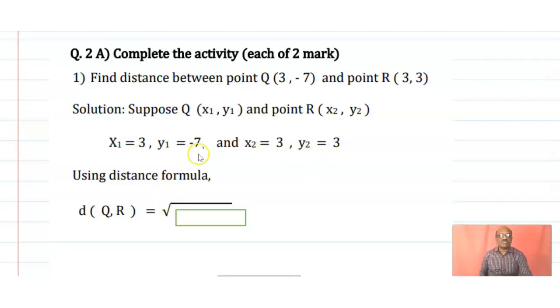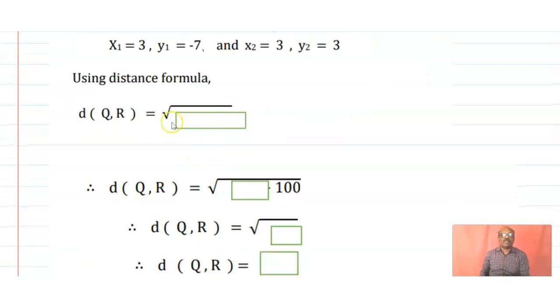Therefore by distance formula. Okay, now here the formula is root of (x1 minus x2) bracket square plus (y1 minus y2) bracket square. इथे असंही चालतं x2 minus x1 bracket square plus y2 minus y1 bracket square.